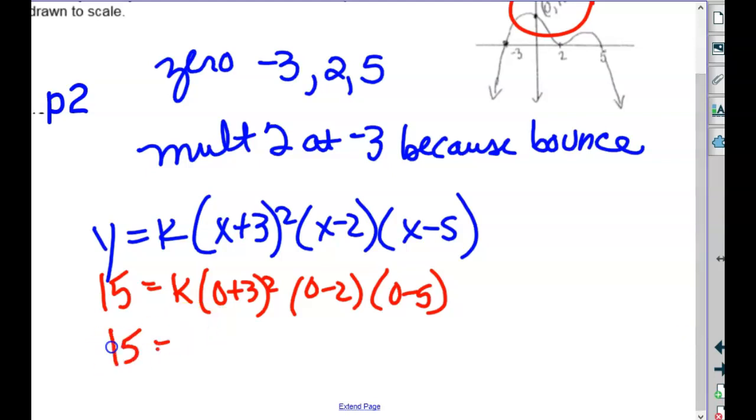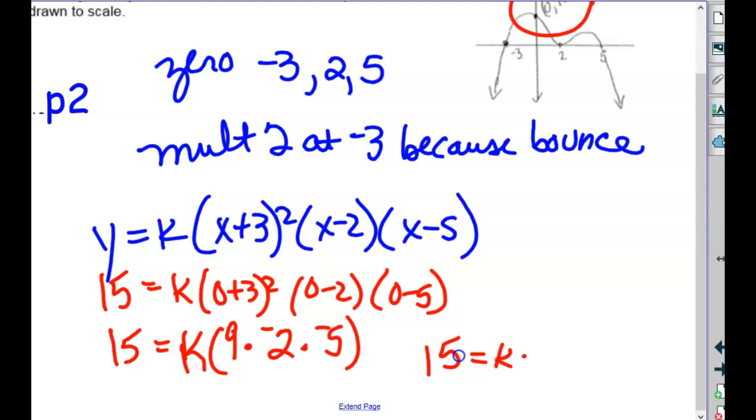So I have 15 equals k times, this would be 3 squared is 9. This would be a -2. And this would be a -5. So that would all become 90. So I have 15 equals k times 90. So 15 over 90 is 1/6.